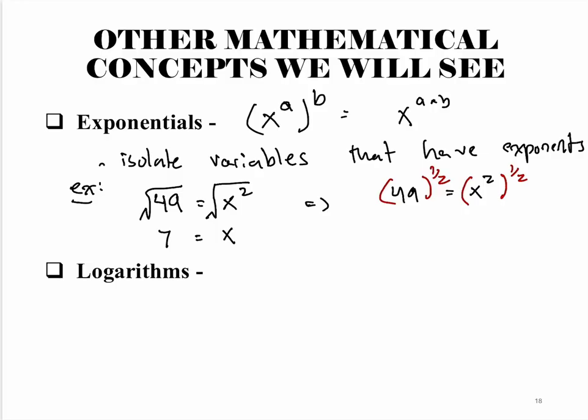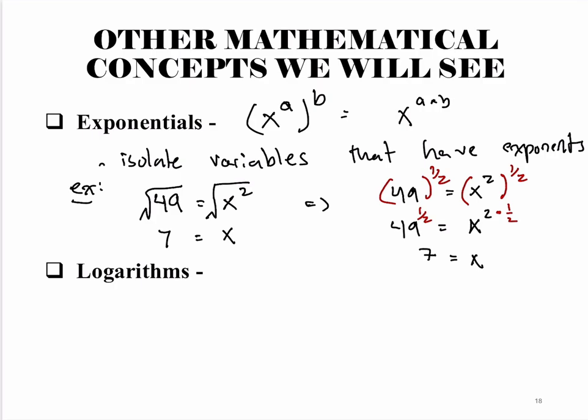So this is equal to 49 to the x times 2, and it's going to be times 1/2. 2 times 1/2 is equal to 1, right? It's the same thing as saying 2 divided by 2 is equal to 1. And so this gives us the same answer, x equals 7.